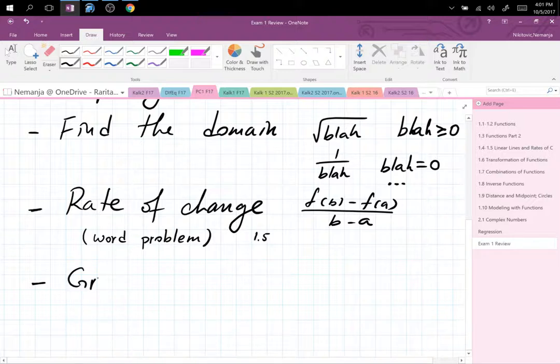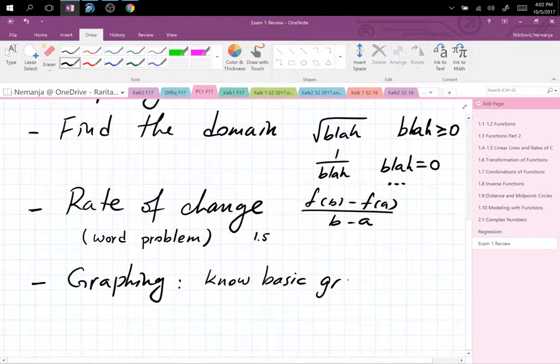Now we get into graphing. Graphing is a really wide topic because we have all the transformations, but before you do transformations, you have to know basic graphs. Let me jump to 1.6 real quick.